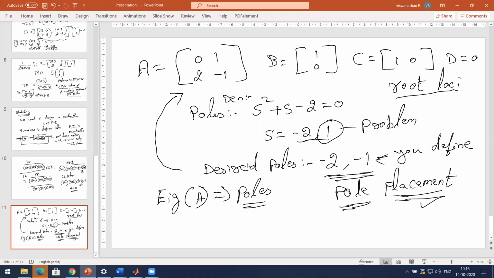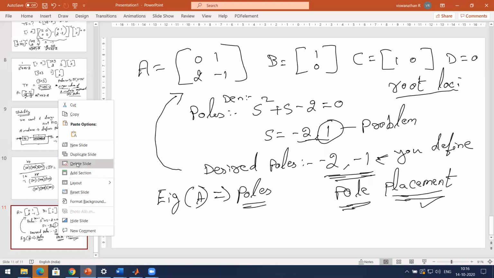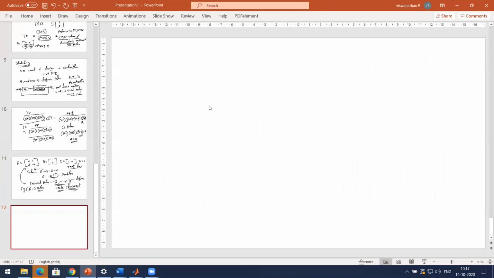You would have seen it, right? Lines like this will be there, and it can move only along these. Suppose I want the pole to be over here, I can't get that with the root locus by changing the gain.